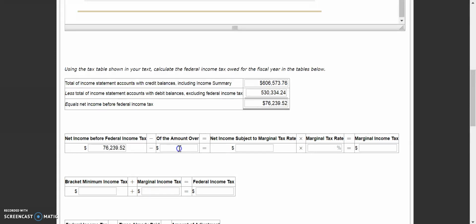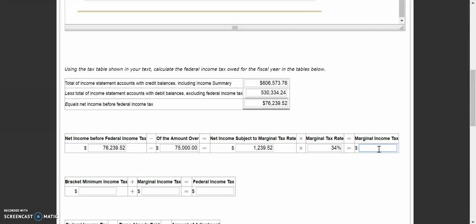So we need to plug in that over the amount of 75,000 so that we get how much we're going to pay a marginal tax rate on. So when we do that, it's only $1,239.52. But remember, it's at a marginal rate of 34%. And again, this is all coming from that tax table that's in your book.